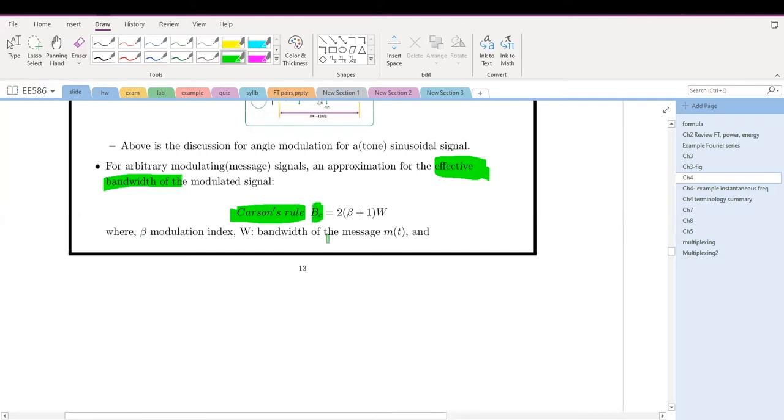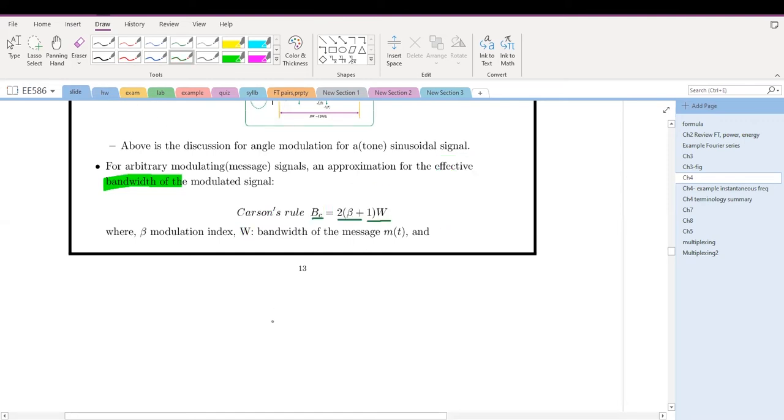The bandwidth of FM or PM equals 2 times (beta plus 1) multiplied by the bandwidth of the message. Because beta is positive, this quantity is greater than 2W. So this is greater than double sideband AM modulation.